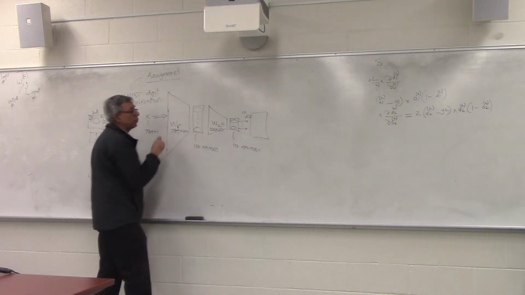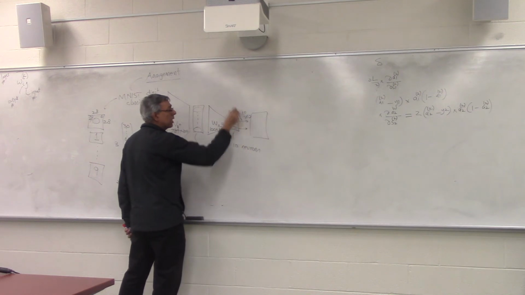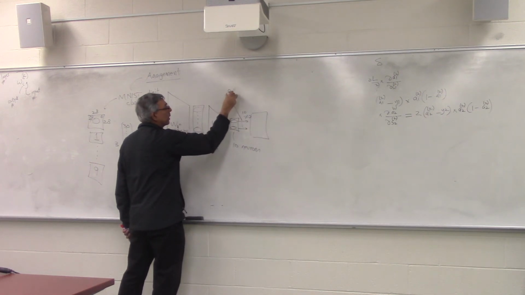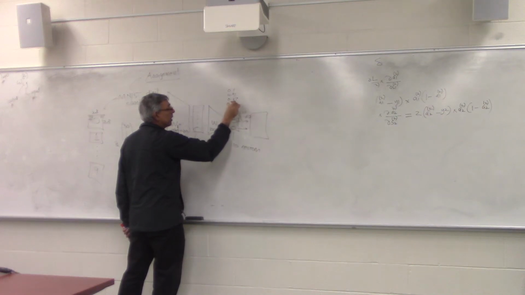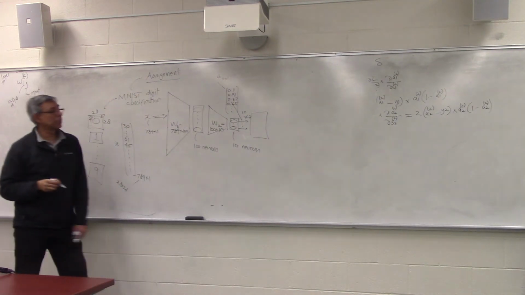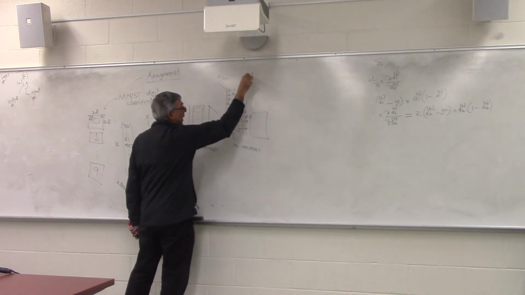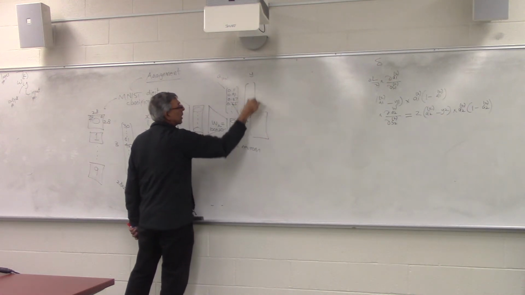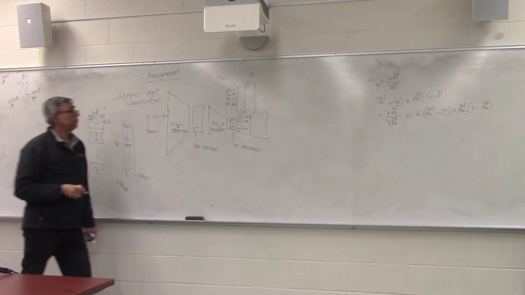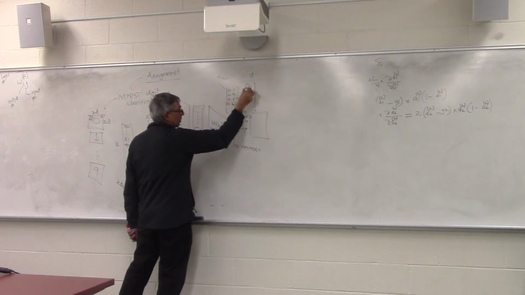In the beginning all the weights are initialized randomly, so the 10 outputs might be 0.11, 0.91, 0.37, 0.65, and so on. So A will be 10 by 1, the actual outputs. Then Y is the expected output.